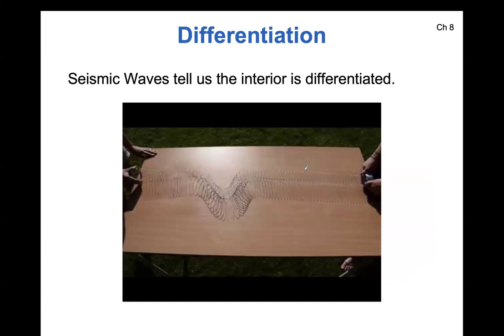We have to instead send vibrations through the Earth and see how those vibrations travel. The way in which different types of waves travel through the interior of the planet gives us a really detailed picture. Sometimes those waves are created on purpose, basically by an explosion, for the purpose of investigating the waves created from them.